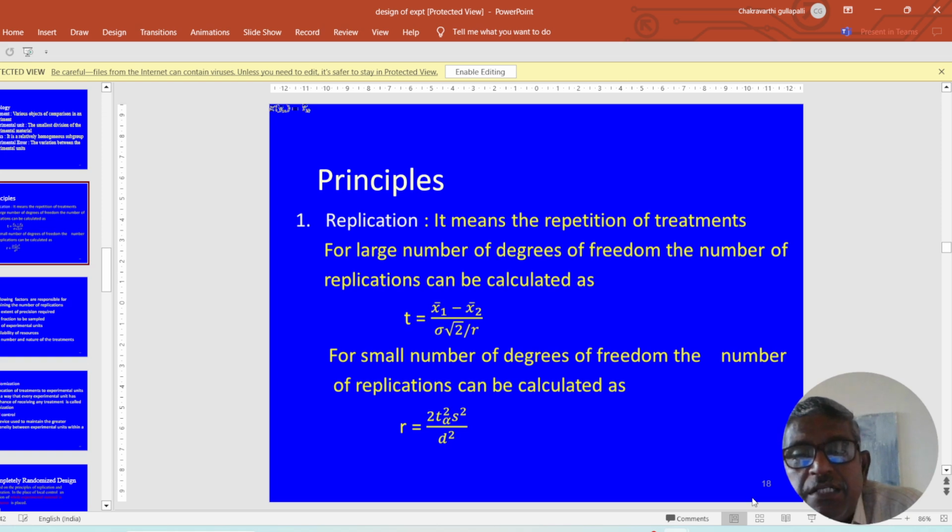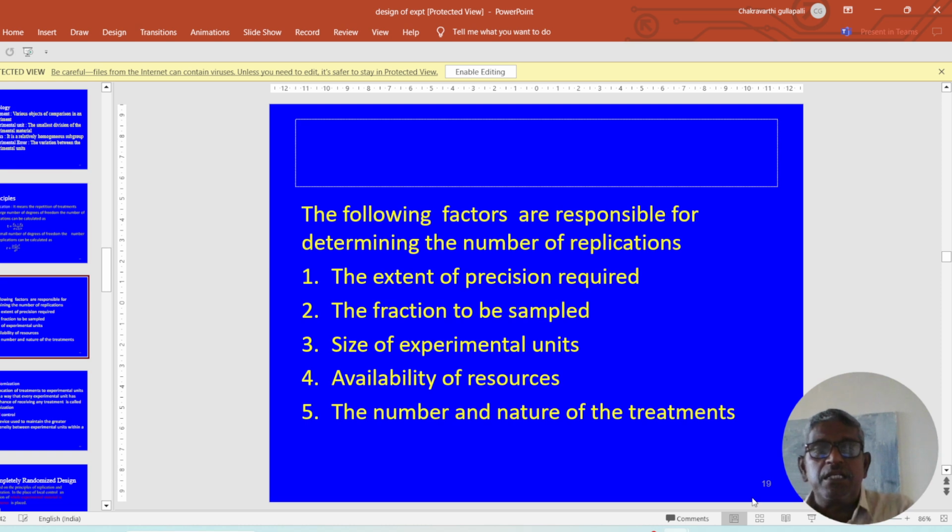That number will be decided using the t statistic. Here R is defined as 2 into t square suffix alpha, that is the student's t value at alpha level of significance, S square means standard error, and t is the deviation. This is the formula we use to measure the replication number.